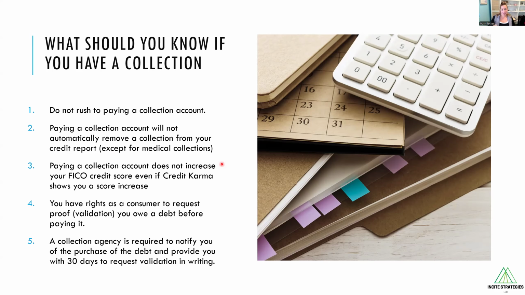And obviously, if it's a super old debt and it shouldn't be on the report, that's a whole other issue, right? If it's over 7 years old and it's reporting, that's a legal violation as well. So there's two ways to get it off: disputing or asking for a payment in exchange for deleting it from the credit report.